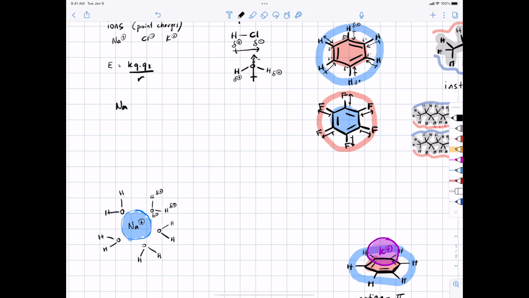Well, in the sodium chloride solid, you have an infinite array of sodium and chloride ions stretching out to eternity, and you have ion interactions between sodium and chloride that hold the salt together. The reason it can dissolve in water is because all of these ion-dipole interactions completely compensate for the energy you lose when you get out of this interaction.